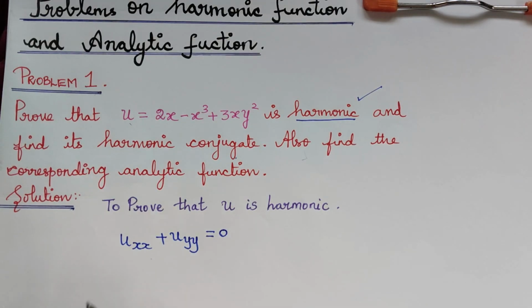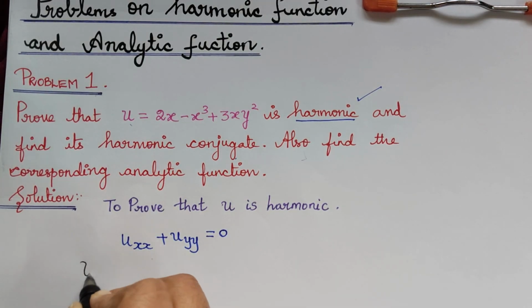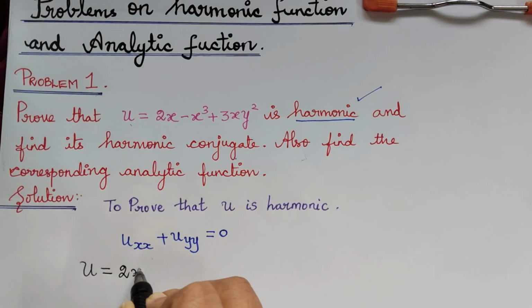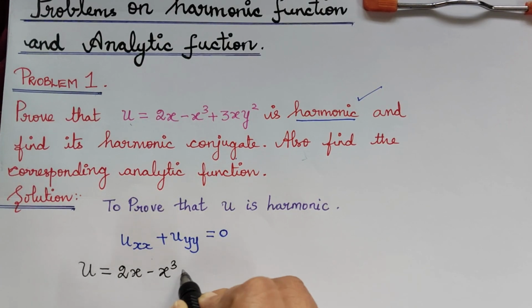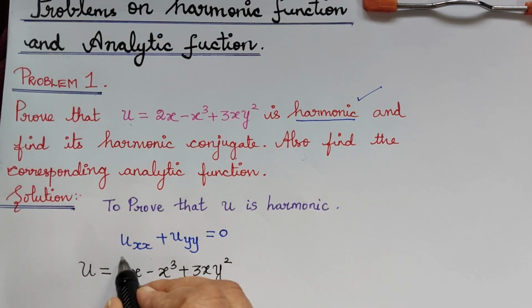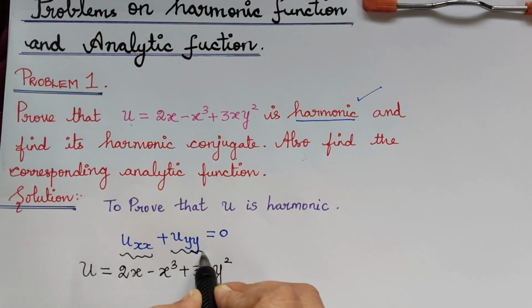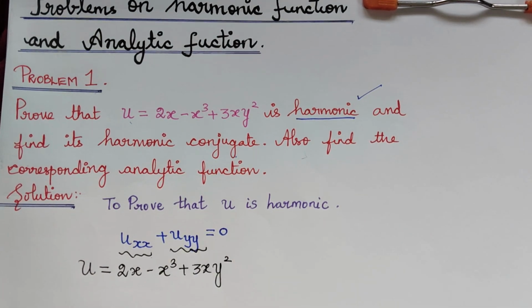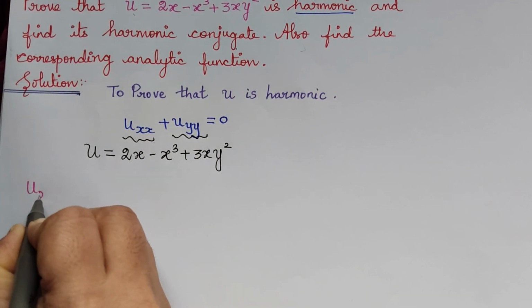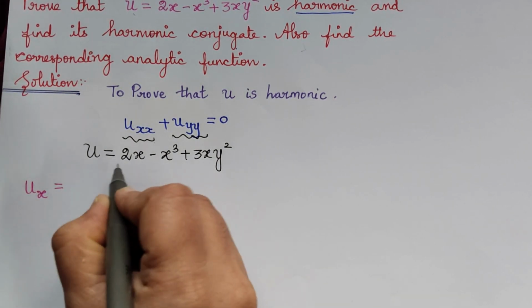For this, first we shall write the given function u. The function u is given as 2x minus x cube plus 3xy square. Now we shall find each of these. First we shall find ux, which is the partial differentiation of u with respect to x.